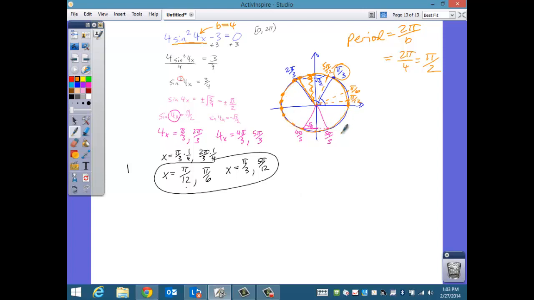So here's what we could do. We could take our 4 solutions here and add the period, which we got by taking 2 pi and dividing by b, which is 4. So our solution set goes like this. x equals pi over 12 plus pi over 2 times n.